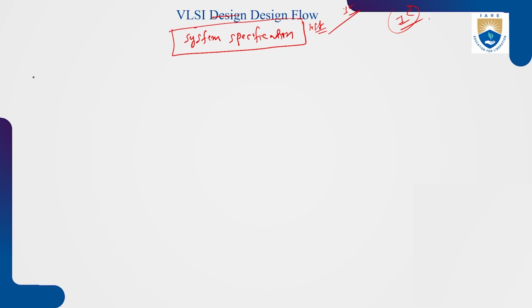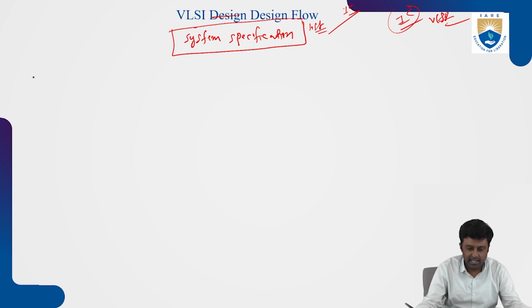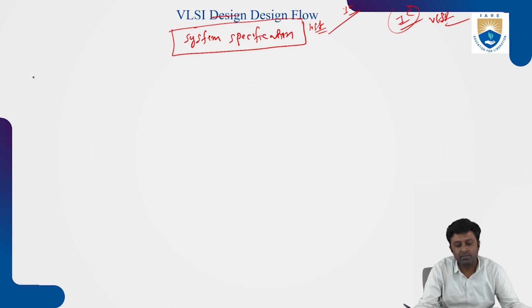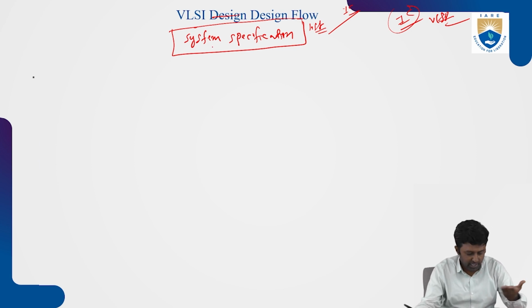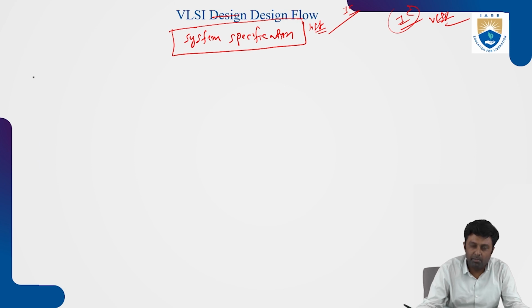When we talk about VLSI, three things are general: area, speed and power. These three constraints we have to take care of when designing a VLSI IC. Apart from performance, functionality and area, in the system specification we will list out what fabrication technology is to be used, and the design techniques.